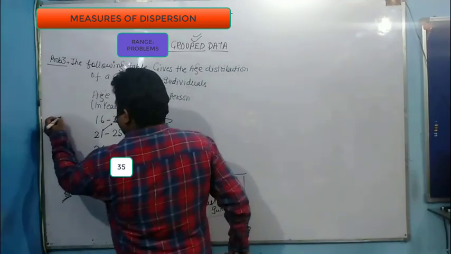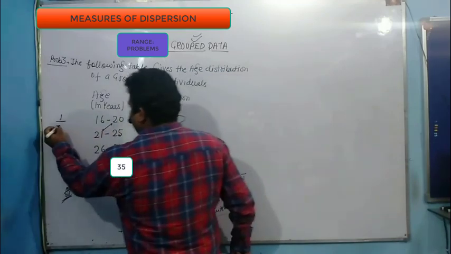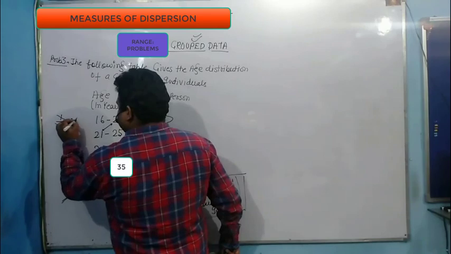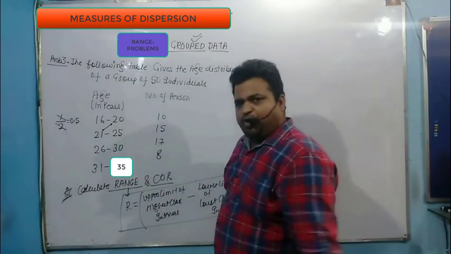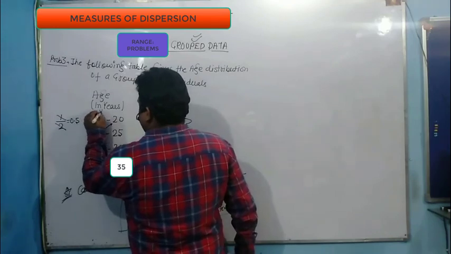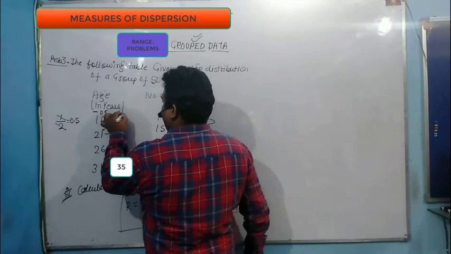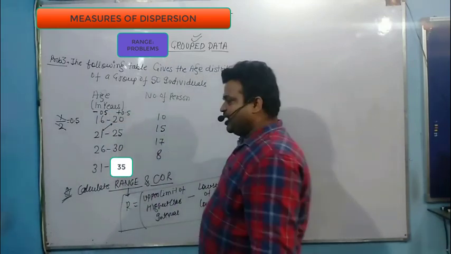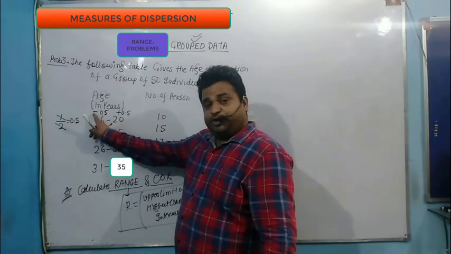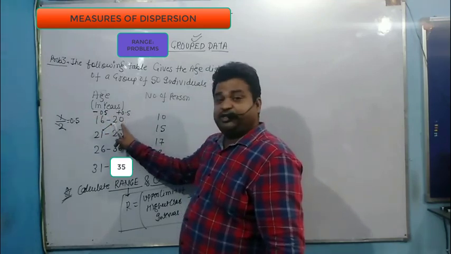So my difference is 1 divided by 2, so this is the value 0.5. Now what you have to do? You just subtract 0.5 from the lower limit and add 0.5 to the upper limit. You need to subtract 0.5 in the lowest class and add 0.5 in the upper class.